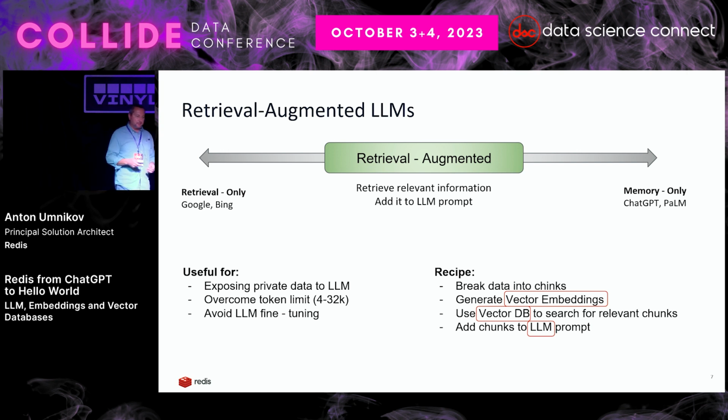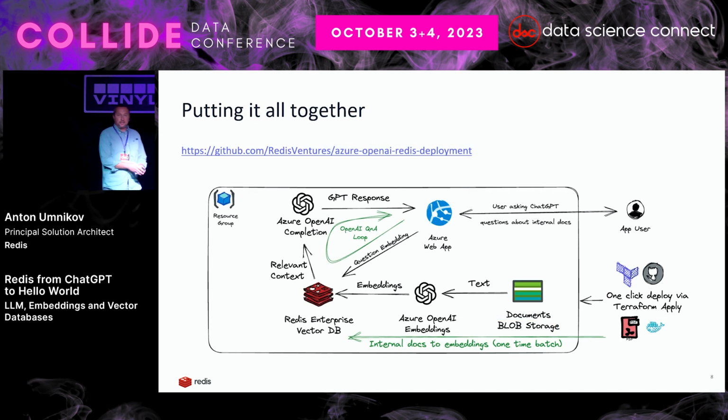Again, there are a lot of talks about retrieval augmented generation. But if you think about the high-level architecture of retrieval augmented generation, retrieval augmented LLM, you need three components. You need embedding generation, think of BERT and derivatives. You need a vector database, and you need a large language model. Okay? If you put it all together and really deploy that to production, that's one of the examples of how you would do that.